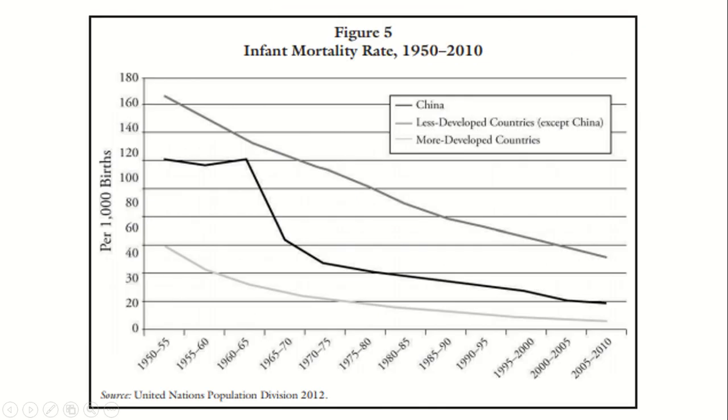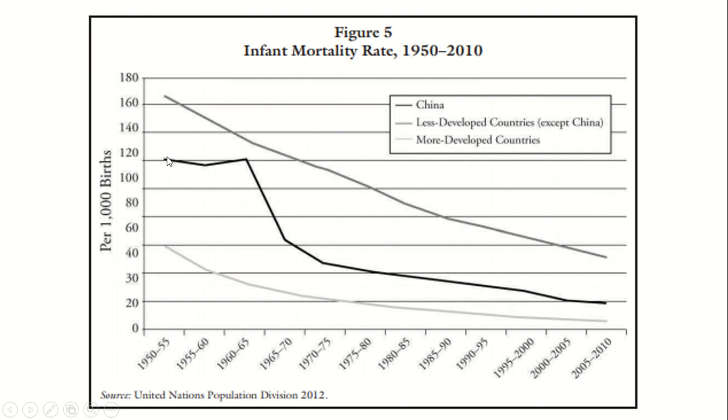If you look at our little graph here, this shows the infant mortality rates over the last 60 years. Now, this black line here shows China. These are the HICs along the bottom here, so it's really quite low. And this is China here. If we date back to the 1950s, China is way off the HICs.